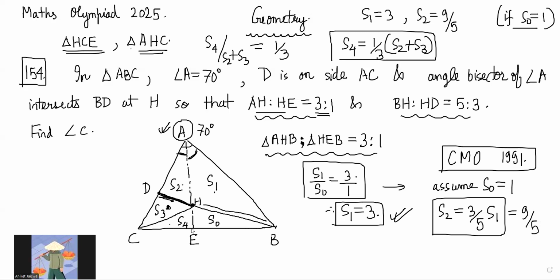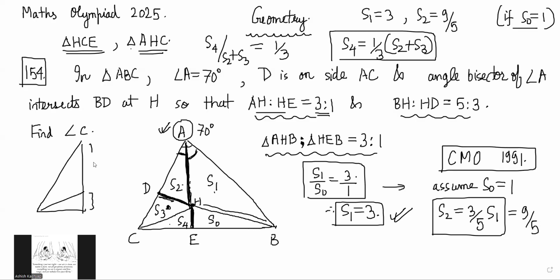On the base AH and from A, here I'm doing here and here, right? I'm comparing the same side triangles like this triangle and this triangle. So clearly their areas will be in 1:3 ratio. But this triangle is made up of S2 and S3 together, and this triangle is S4. Do you understand what I'm saying?